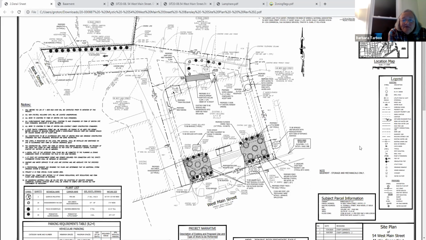As much as I would love to see a brewery there, I really, really would personally love to see a brewery there, I try to think, what if it was some other kind of business that would require that amount of parking? Would I be so much in favor of it? Or am I just in favor of it because it's going to be a brewery? So I'm really at a quandary over this. I think it's too much, too big a project. That's all.